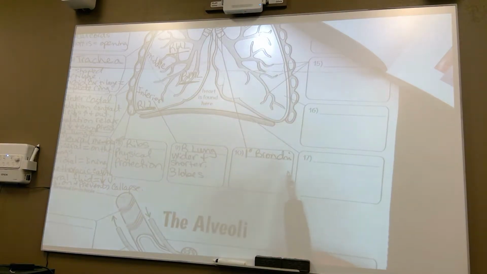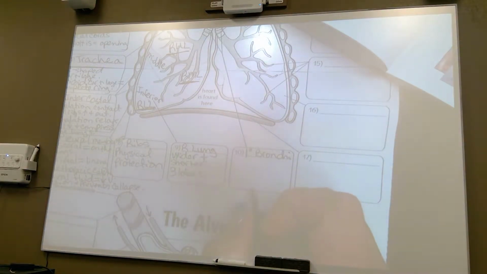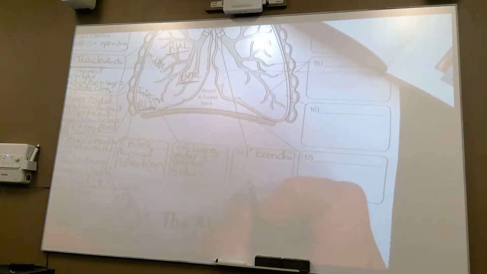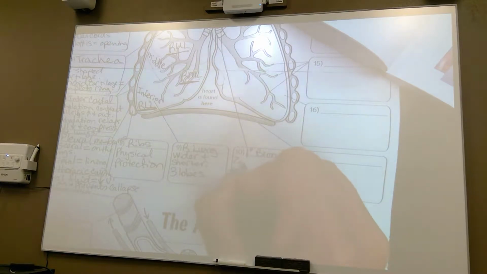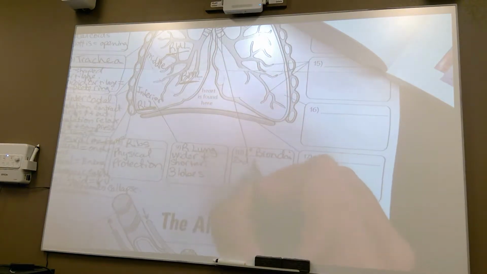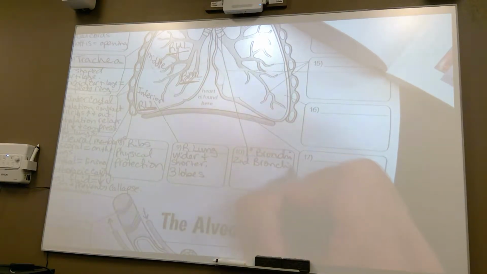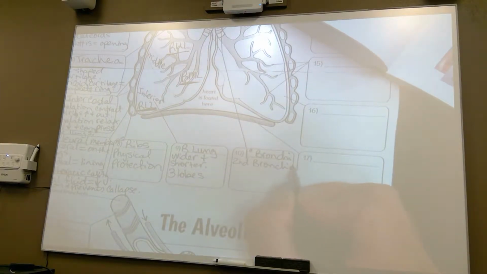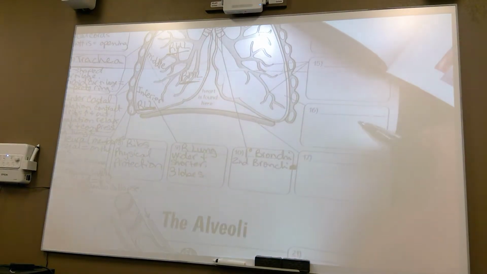Primary bronchi, the biggest branches. Then you get into, and your book colors them yellow, your secondary bronchi.